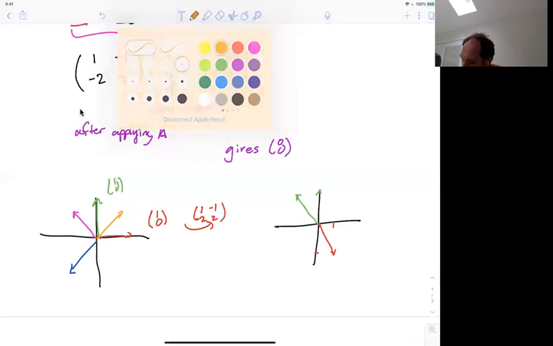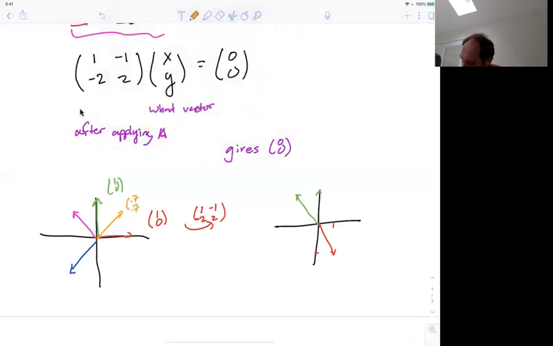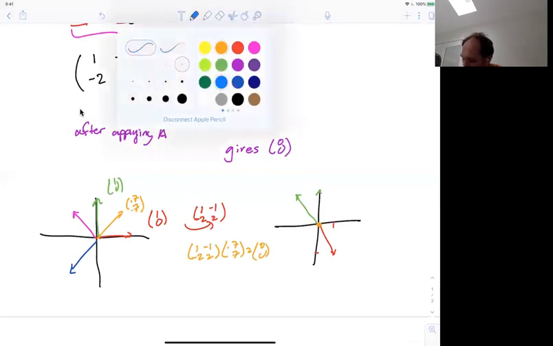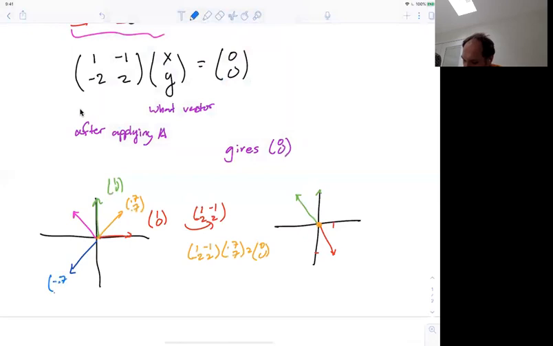If we take 0.7, 0.7 and we apply it, what happens there? We'll actually end up with 0. And likewise, if we apply minus 0.7, minus 0.7, we'll end up with 0. The point of doing this is I just want you to see what this transformation is actually doing.